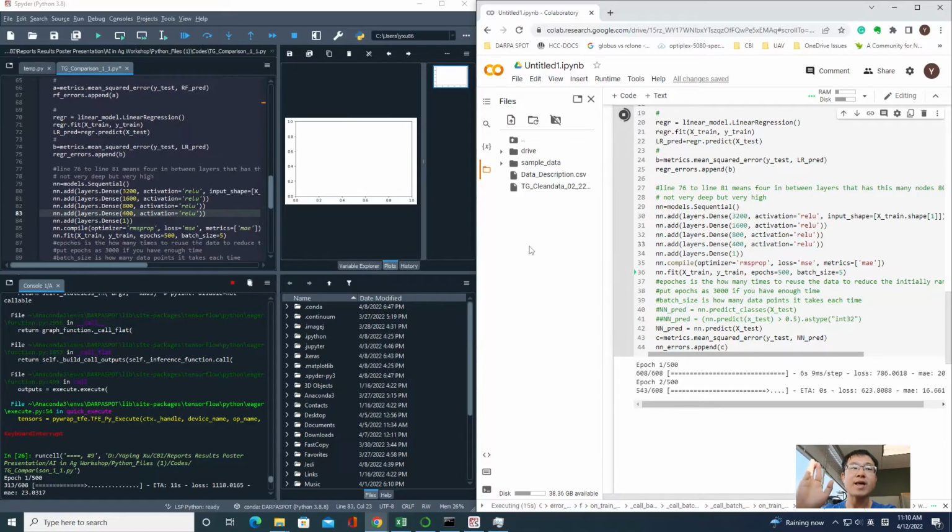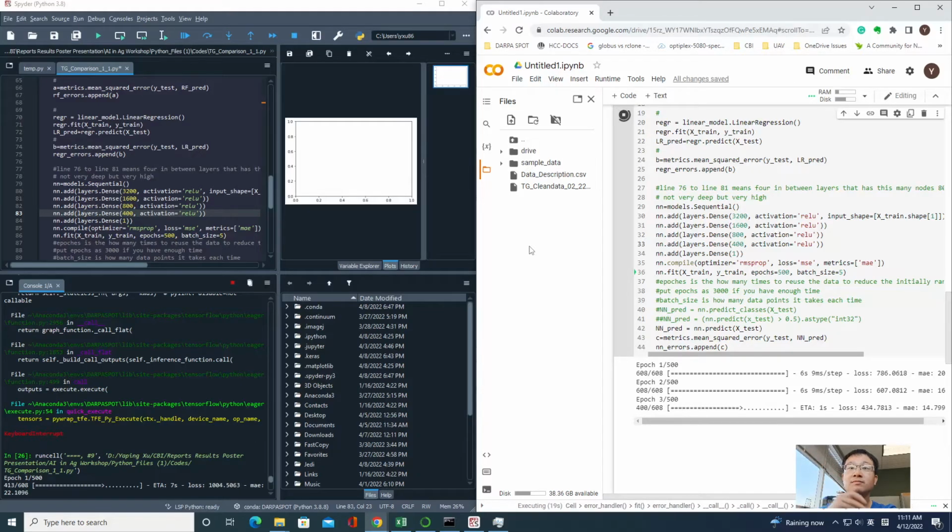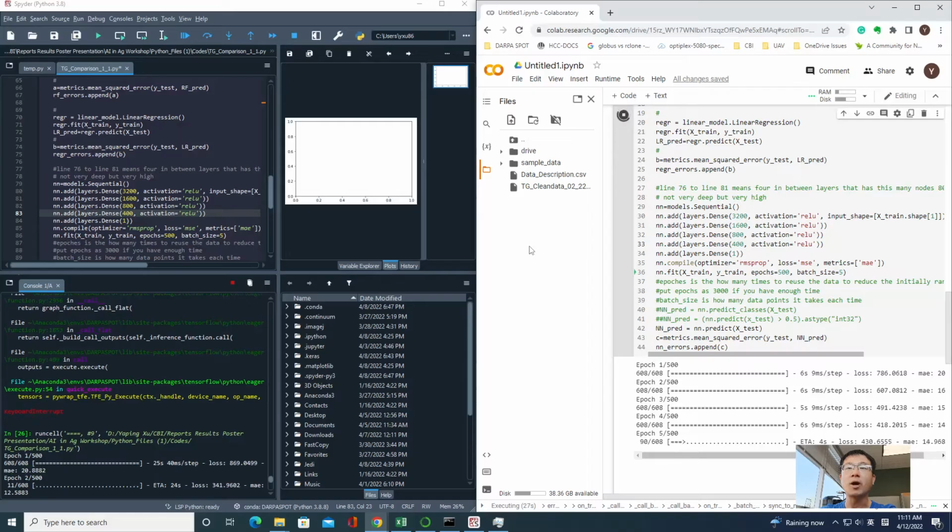Okay, now the GPU side already gets the result, but the left hand side is still running the first epoch. Okay, so GPU requires 9 milliseconds per step. However, CPU requires 40 milliseconds per step.